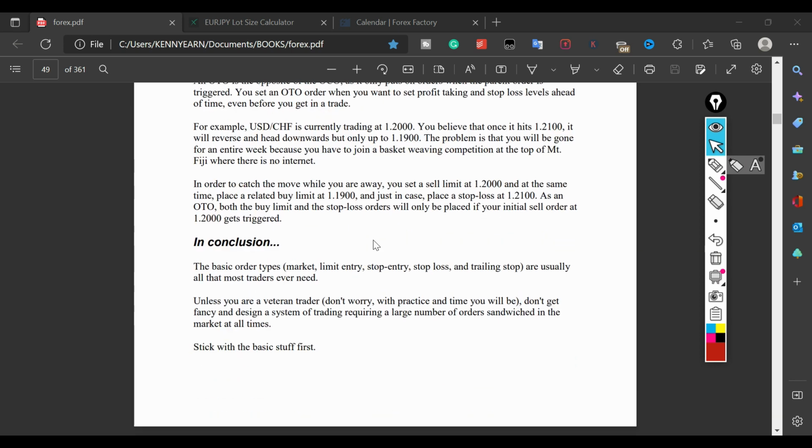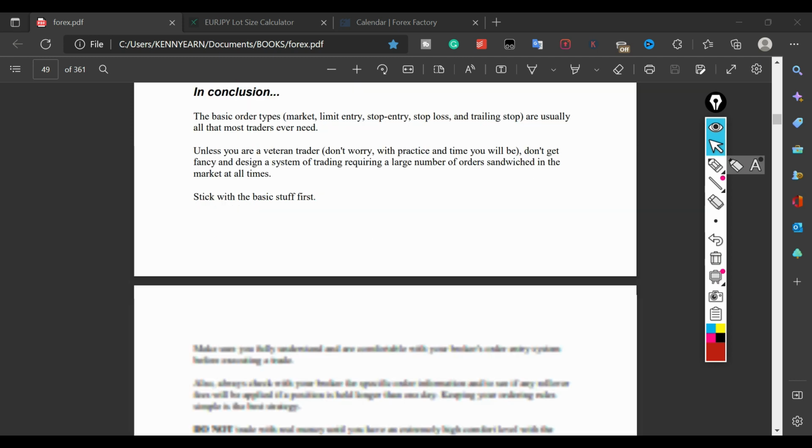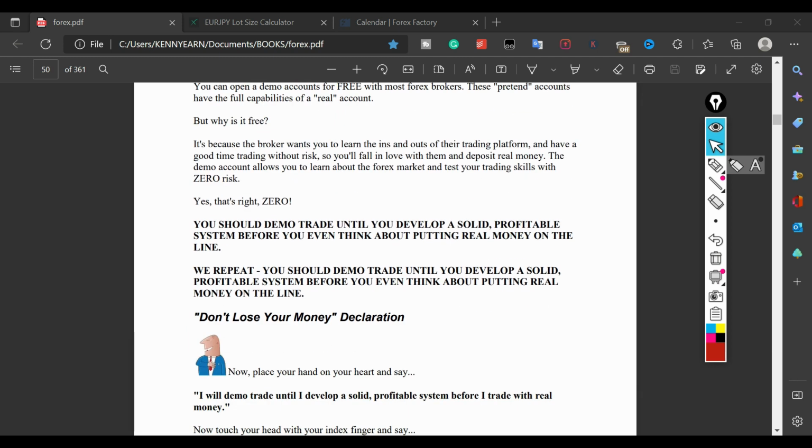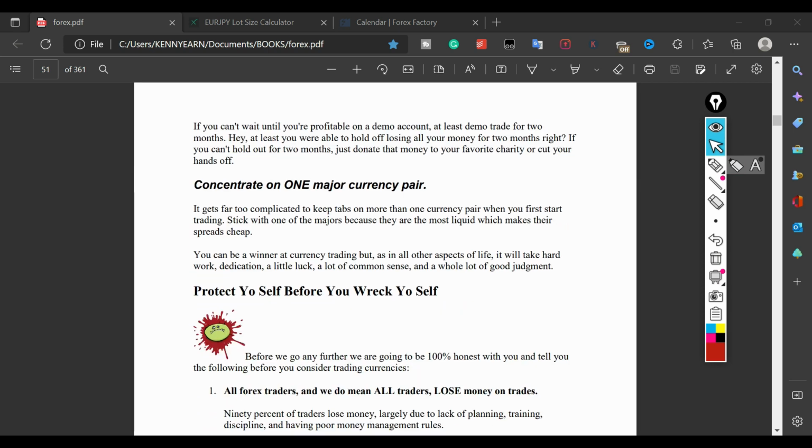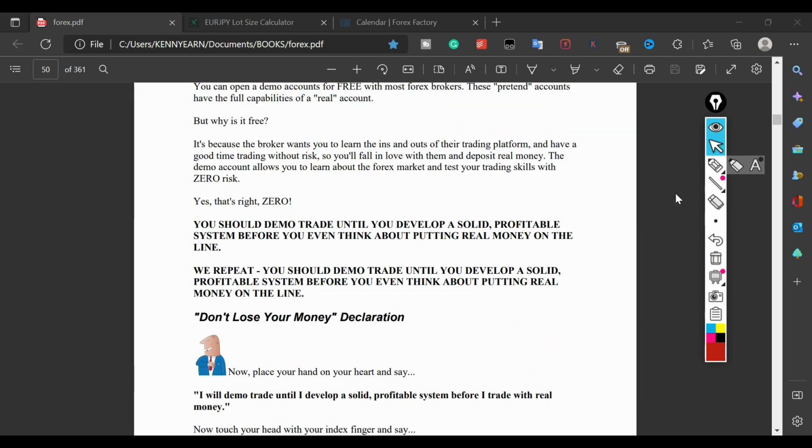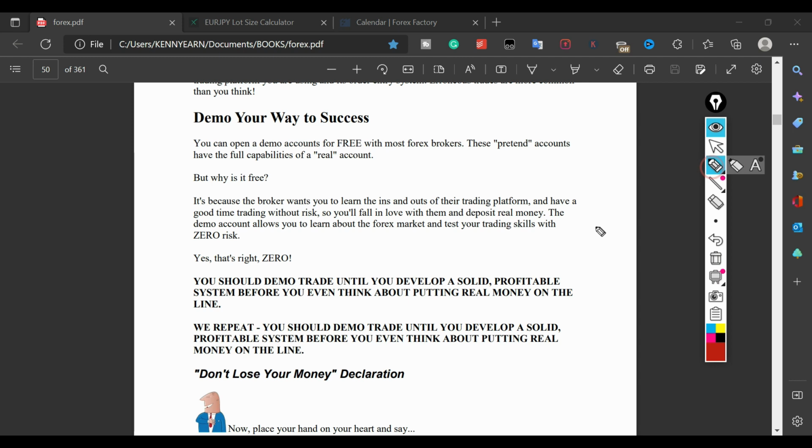So just a few things before I go over to the next one. I would advise you to never trade real money until you have learned how to trade. Demo your way to success, just like they said.